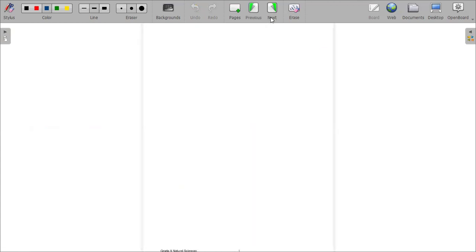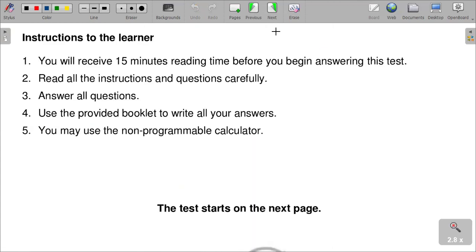So we have got the instructions. You will receive 15 minutes reading time. What I'm basically saying here is that when you go to exam, always read the instructions and understand that each question might have different instructions. Every time you are writing exam, you always have to read and understand the instructions as much as you can.